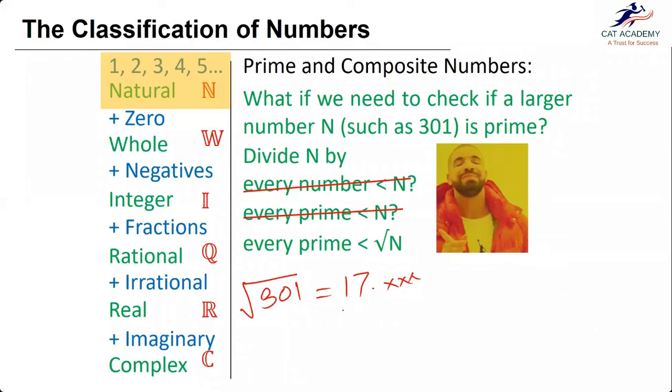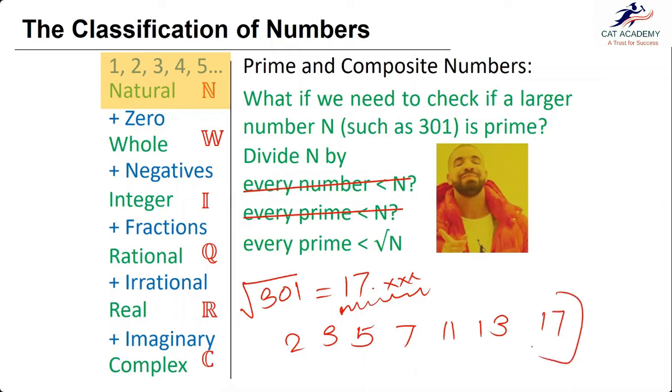So that means what I'm supposed to do is check for all the prime numbers till 17. So I have to check divisibility by 2, 3, 5, 7, 11, 13, 17. That's it. If I get a factor till 17, then I can say that it's not a prime number. And if I don't get a factor till 17, then it will definitely be called as a prime number.